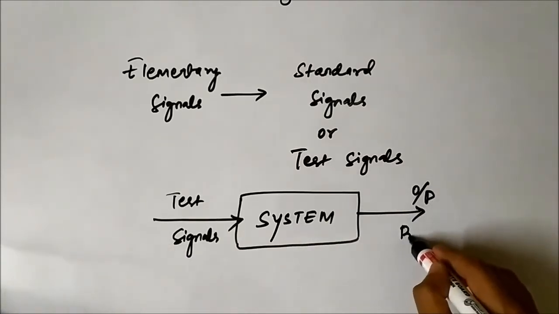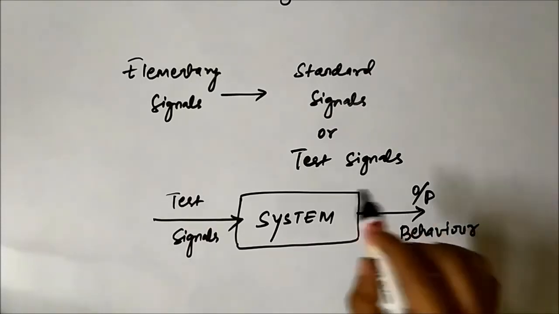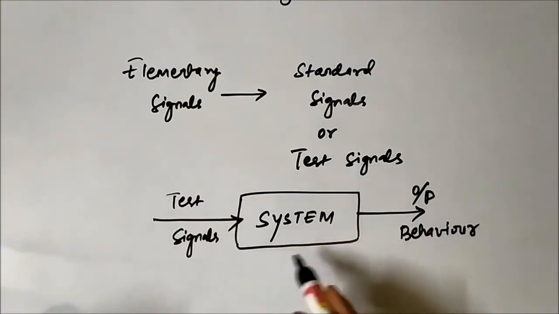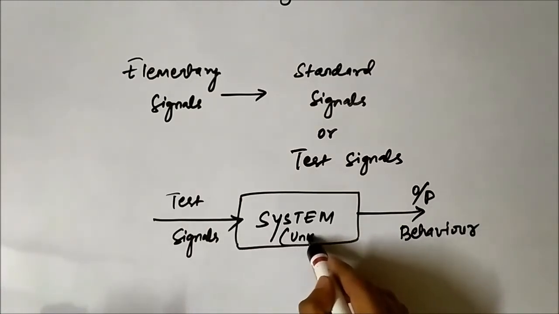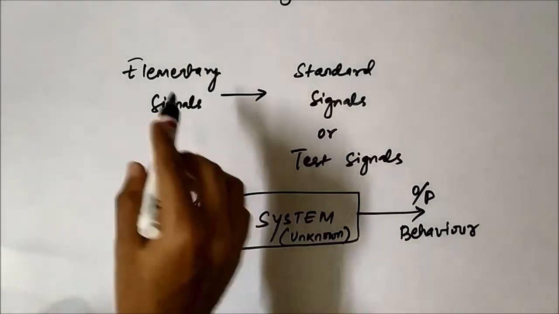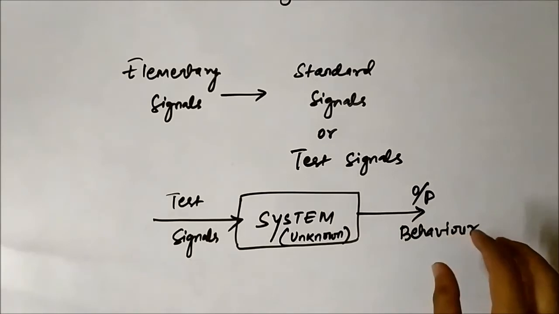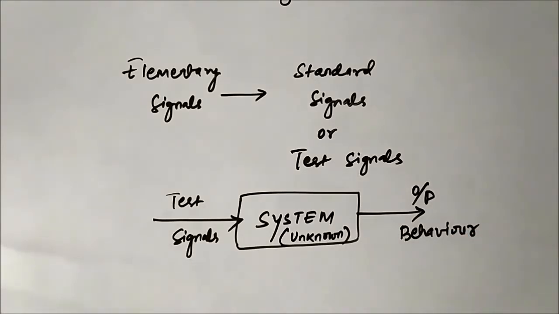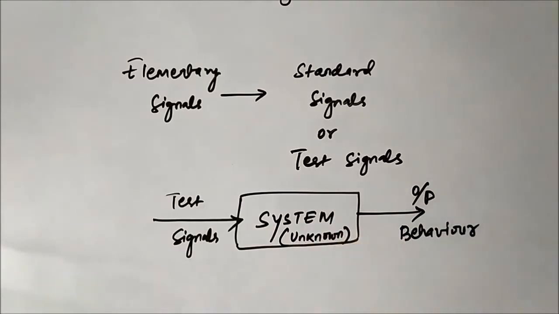The behavior of the output gives us information about the characteristics of this unknown system, whose behavior is unknown. So these test signals are applied to the unknown system, and from the output response, the characteristics of the system are defined.